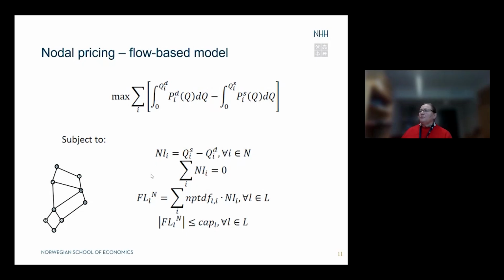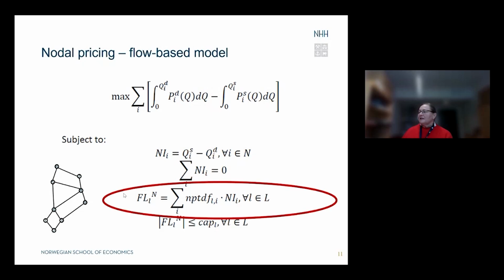This nodal pricing model can also be formulated by using these nodal power transfer distribution factors to calculate the flows on individual lines, with this equation here. That is the intuitive way of understanding this FBMC model.